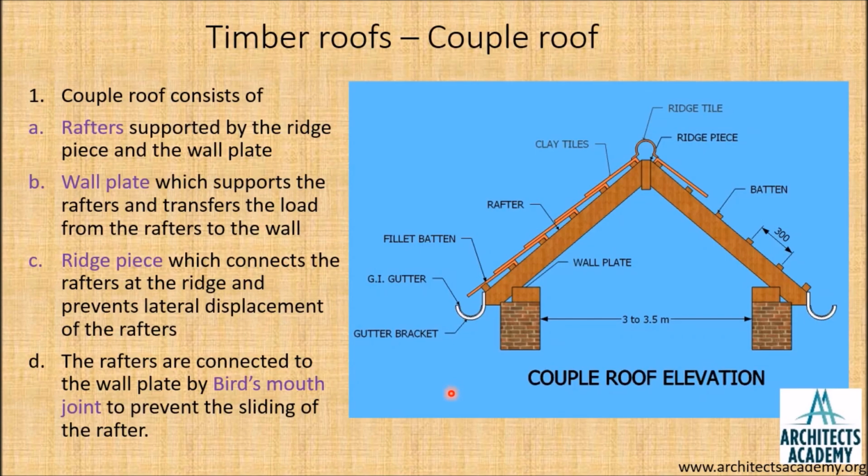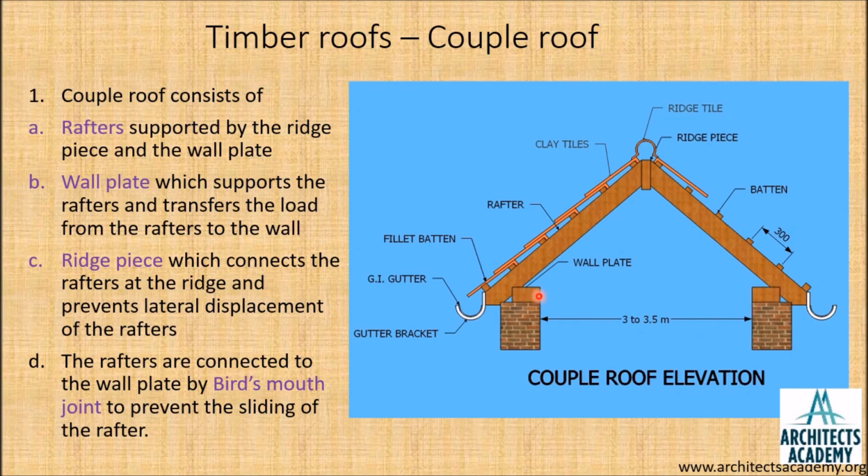Now if you look at these components in this particular sketch, you will see that the inclined members, this member and this member, are called the rafters. The rafters are fixed at the top to this particular piece, which is called the ridge piece, while at the bottom they are connected to the wall plate, which is a timber member which runs along the entire length of the wall.